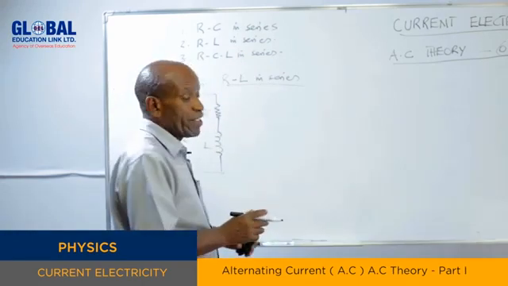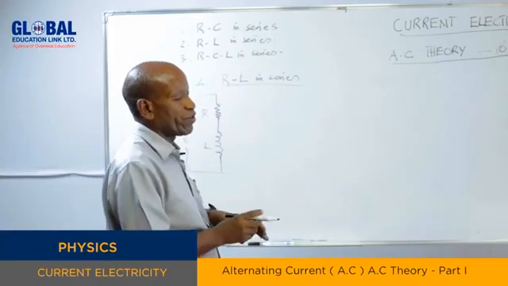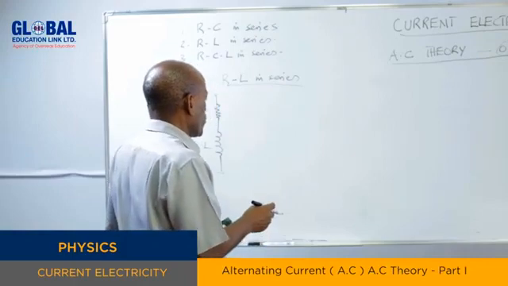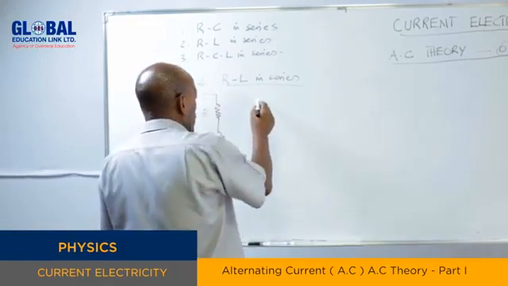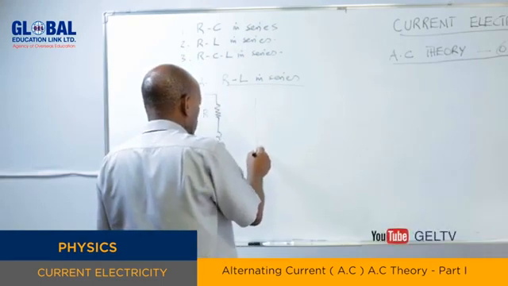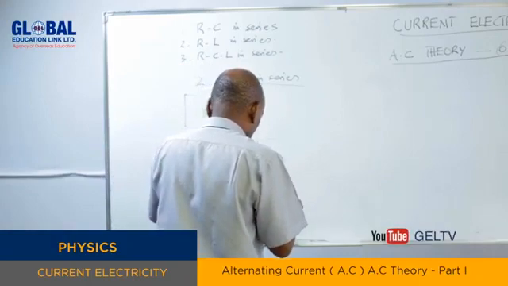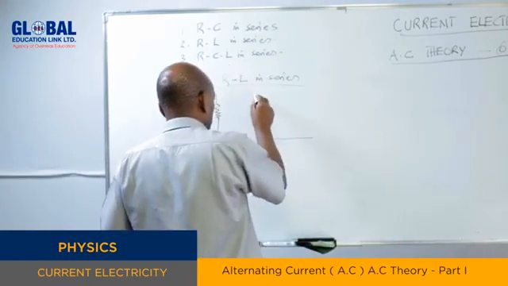Therefore, whenever we have a current passing through them, we are going to have the effective applied voltage. We can obtain this using the phasor diagram. If I draw the phasor diagram for you, you will find that we are just going to have this kind of graph.